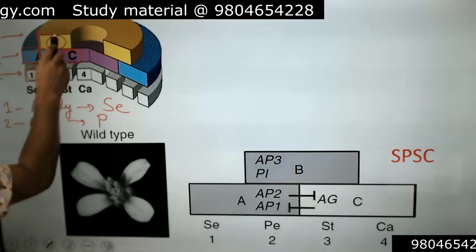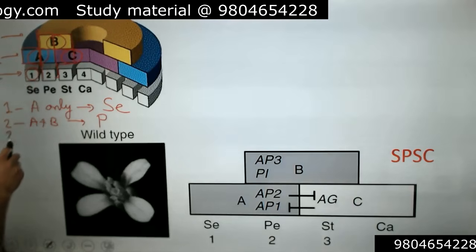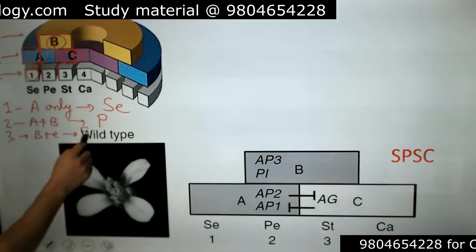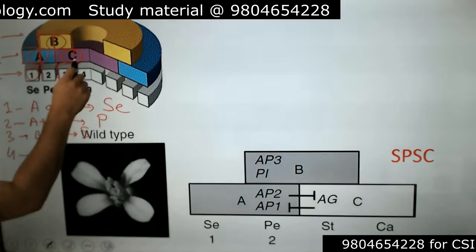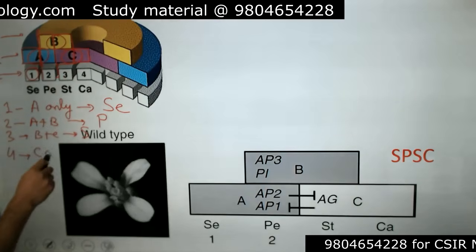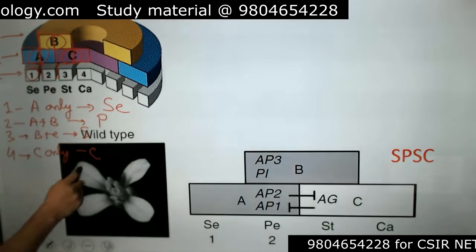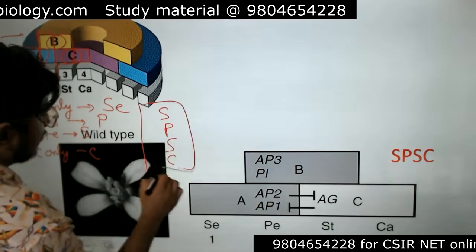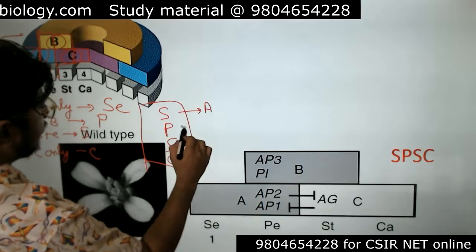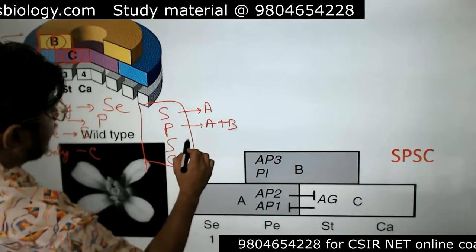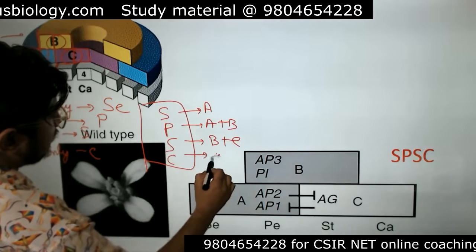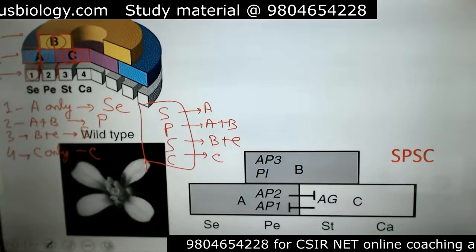The third one, we get B and C. It's giving us stamen. And the fourth one, C only, gives us carpel. So again, we can write it SPSC. S, A only; P, A plus B; S, B plus C; C, C only. Right? Very clear?